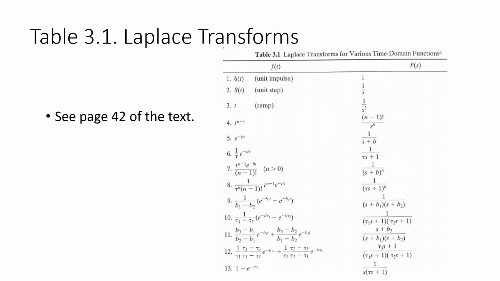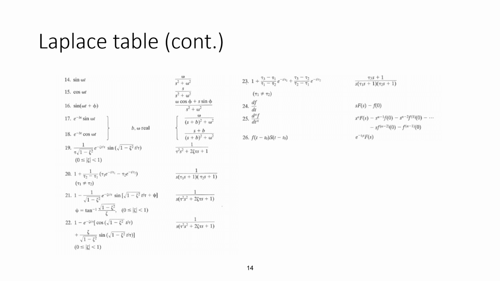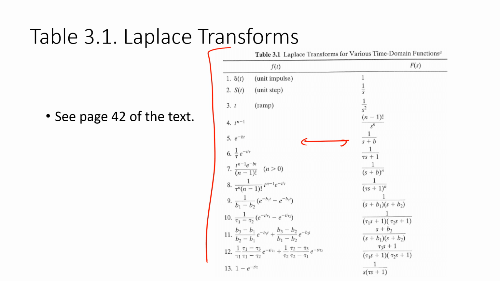Okay, as I mentioned, there are going to be some tables that we're going to use, and those will help get us back and forth between the time and the Laplace domain. Here are some other ones. These other ones that I mentioned, 26, 24, we're going to use that one a lot. If I go back here, we're going to use a step, ramp.